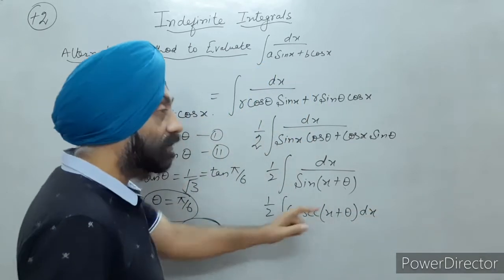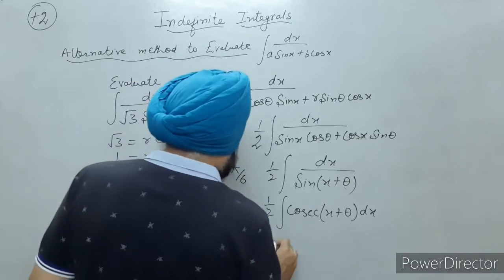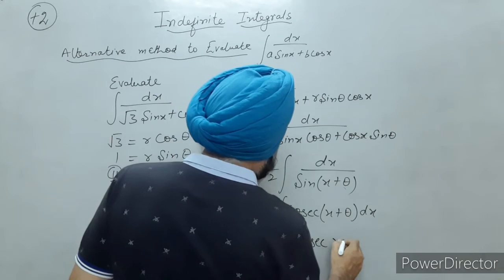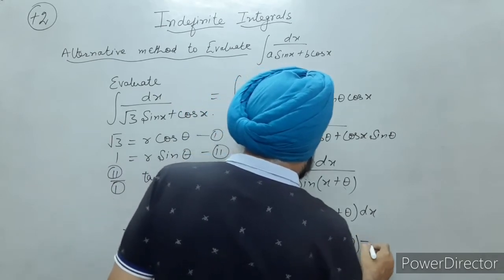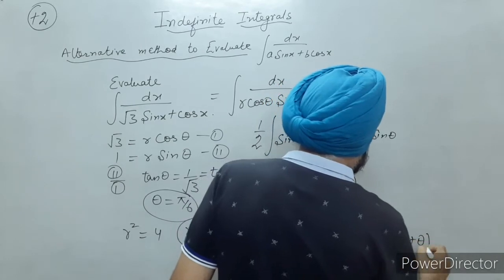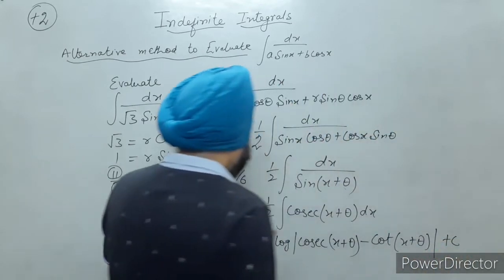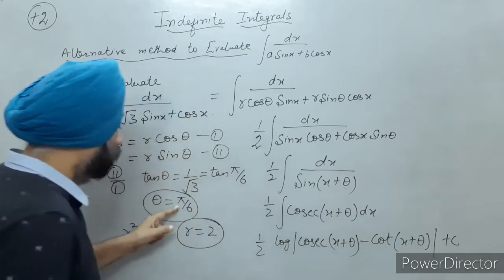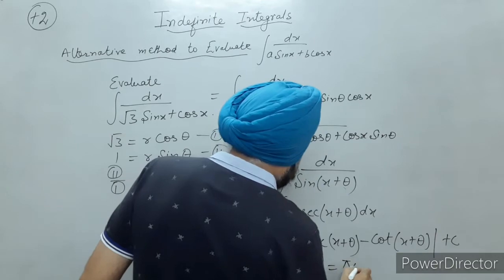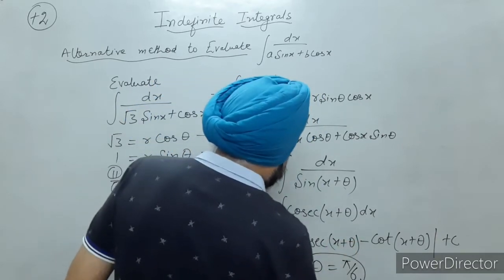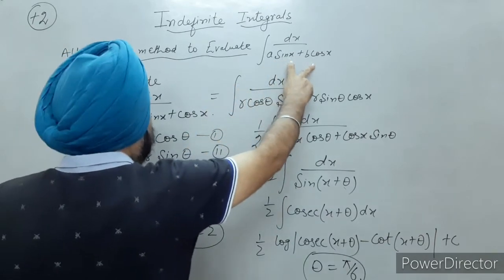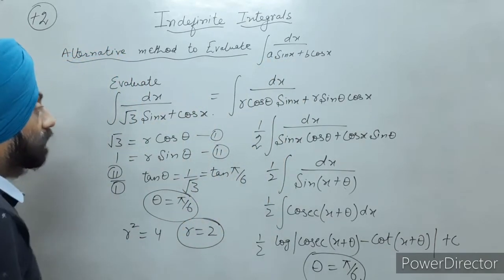Now, what is the integral of cosecant? It is log of cosecant of x plus theta minus cotangent of x plus theta plus c, where theta equals pi by 6. This type can be done like this.